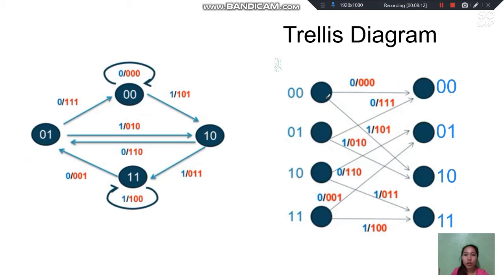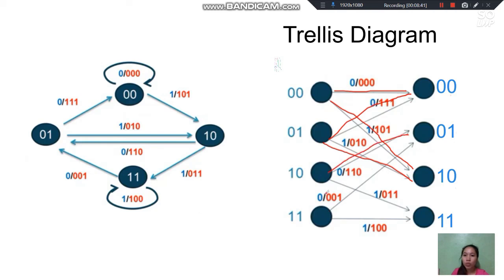First is 0, 0 going to 0, 0. And then 0, 0 going to 1, 0. And 0, 1 going to 0, 0. 0, 1 going to 1, 0. 1, 0 going to the next state, which is 0, 1.